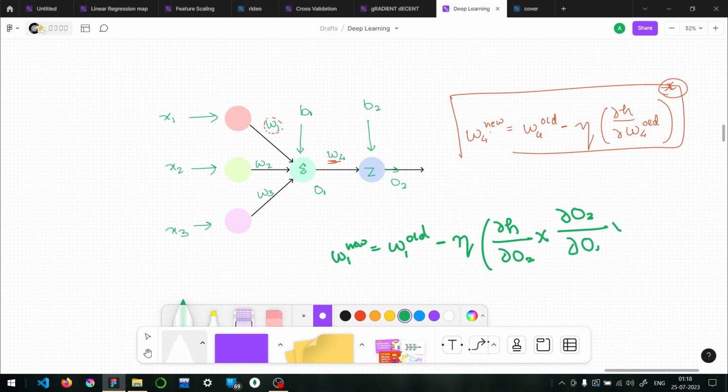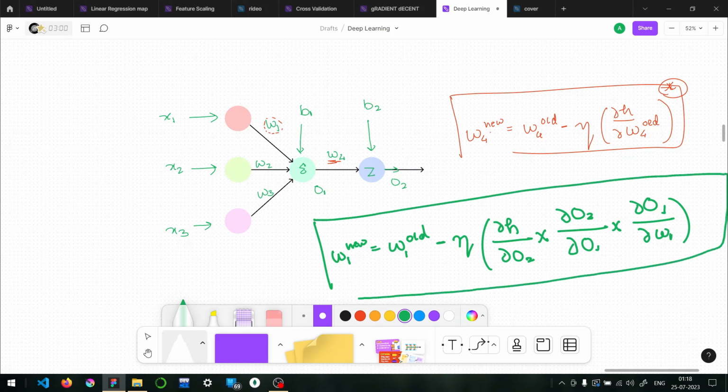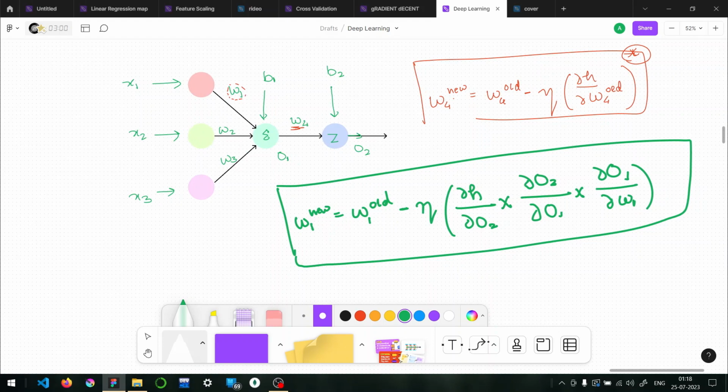Then after that, I can write partial derivative of O1 with respect to partial derivative of W1.